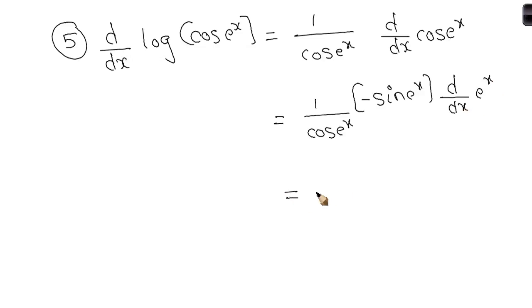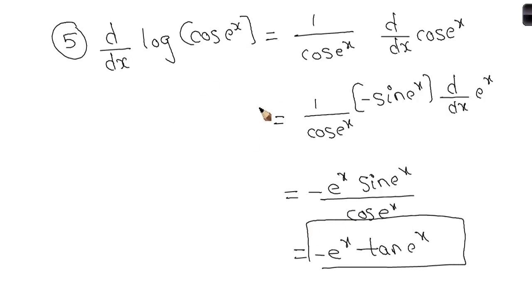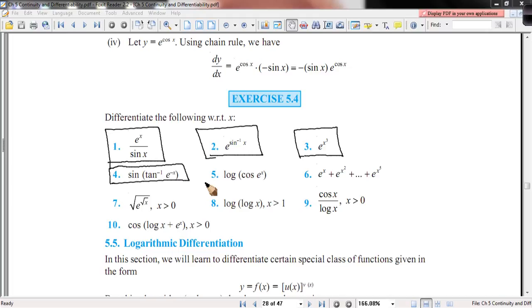So this would become minus e^x sin e^x upon cos e^x. So this becomes minus e^x into sin by cos, which is tan e^x. So this should be the most simplified form for the derivative of log of cos e^x.